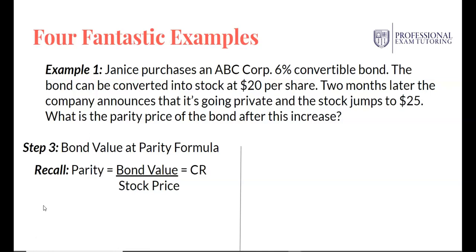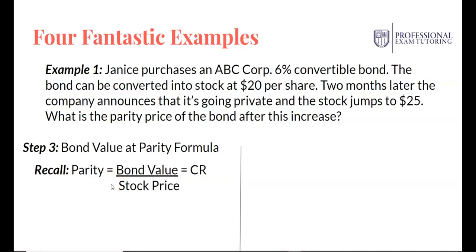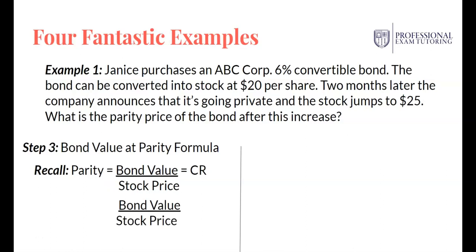So we can rewrite this as bond value divided by stock price, which should get to our conversion ratio. We write out that bond value divided by stock price should equal 50 if the bond and stock are trading in parity.